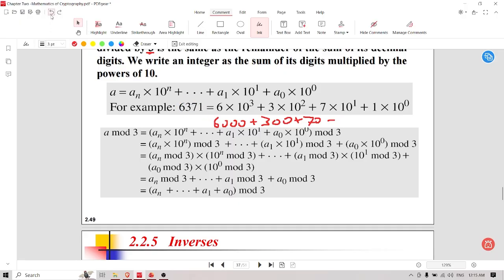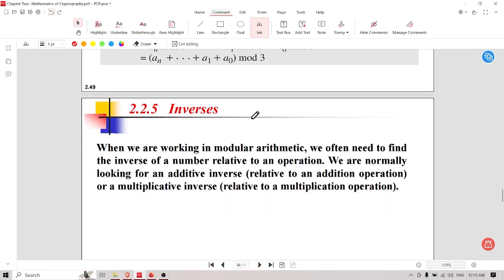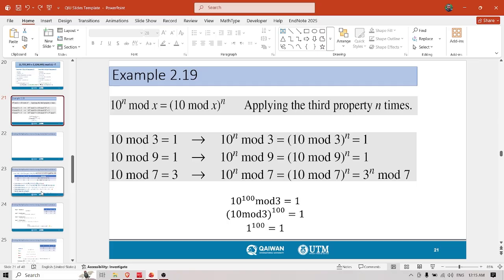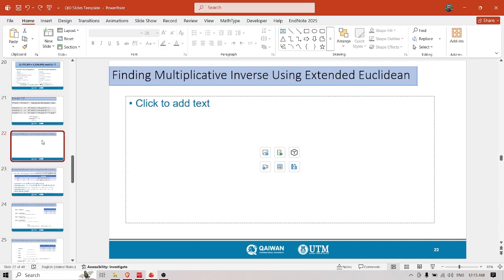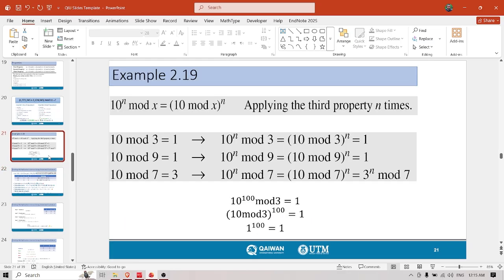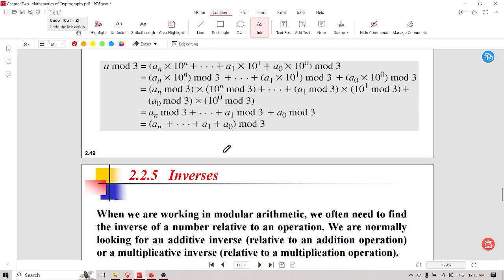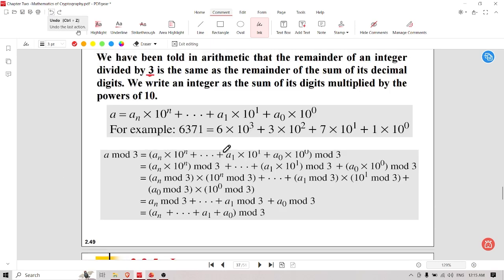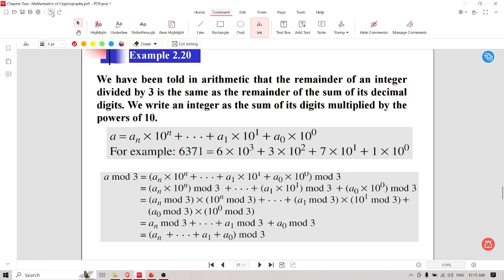Okay, you might say, well, why did we do that? Because I say that in the mod 3, let me see if I have it in here. Okay.